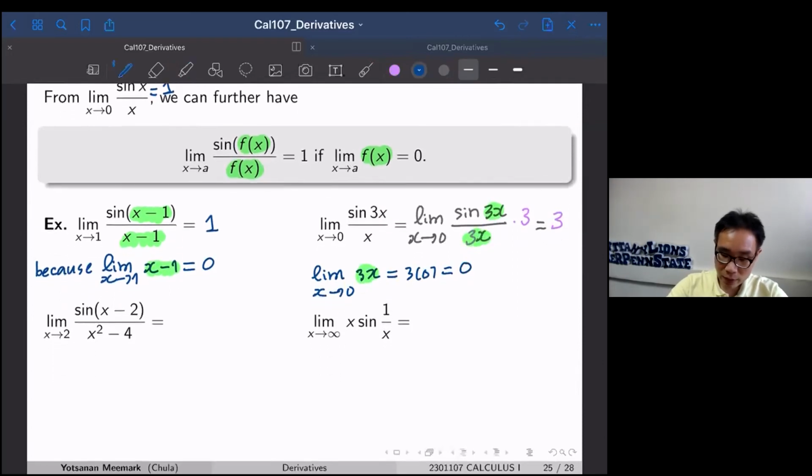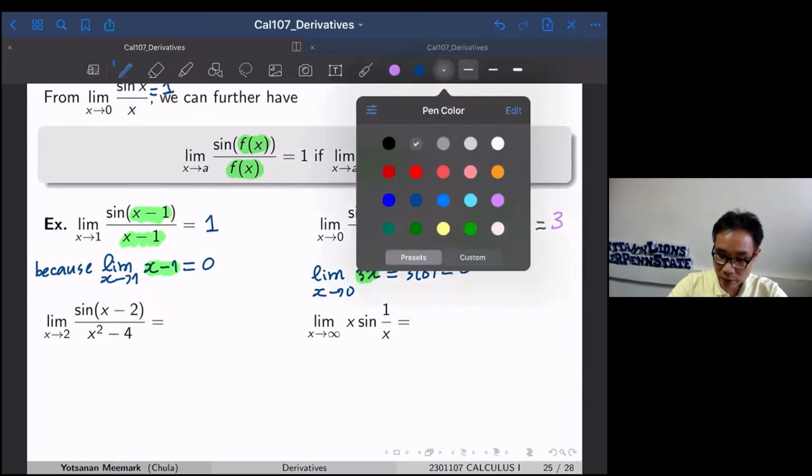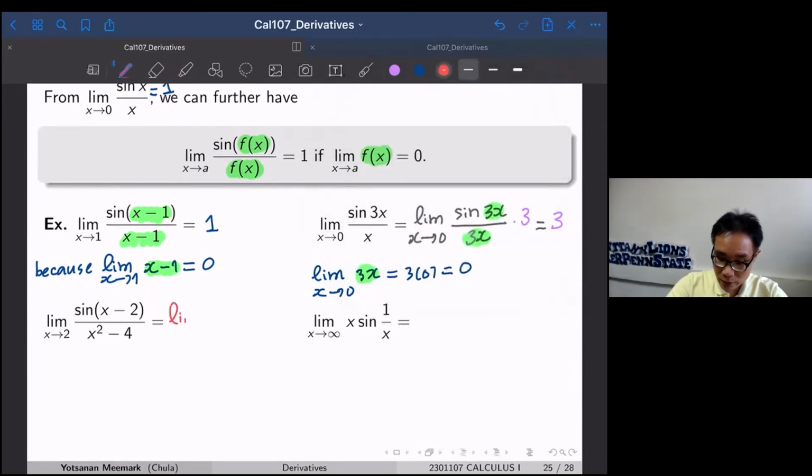The next one, you see that this guy is going to be limit of sine of x minus 2 over x squared minus 4, which can be factored as x minus 2 times x plus 2, and you have limit x goes to 2.